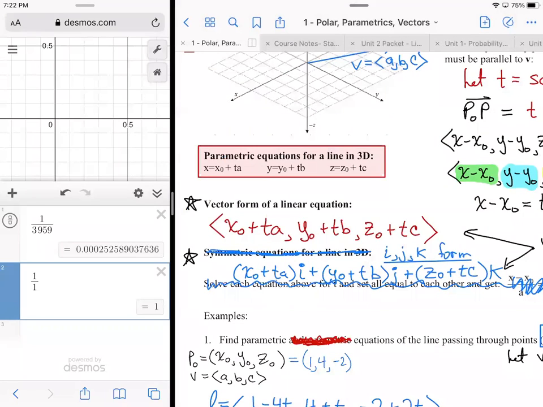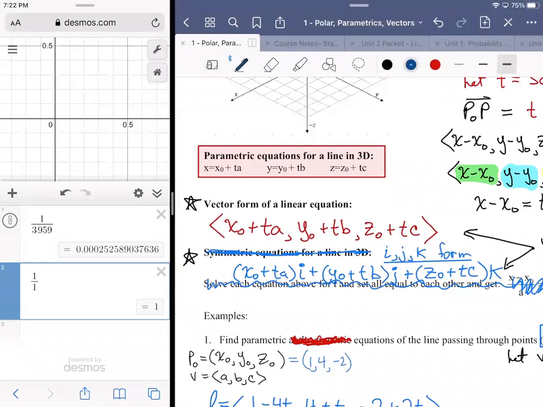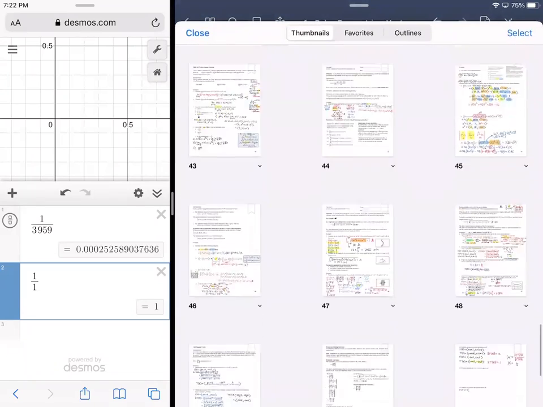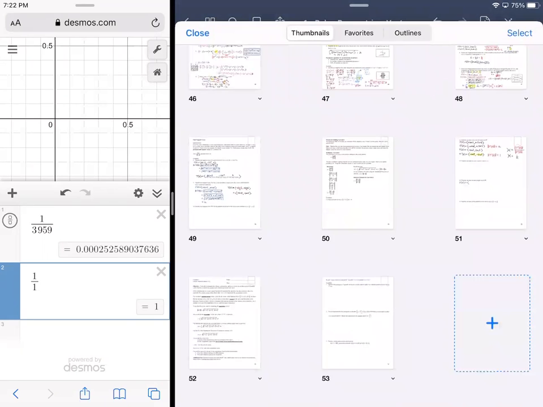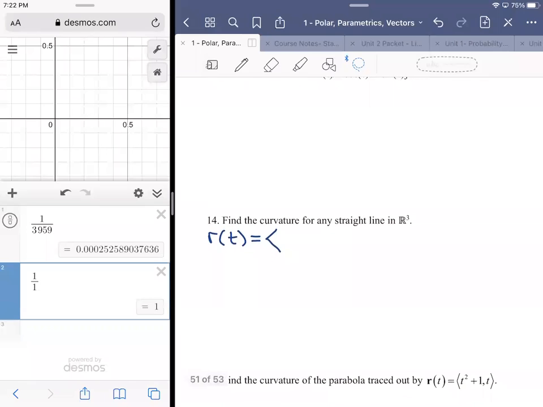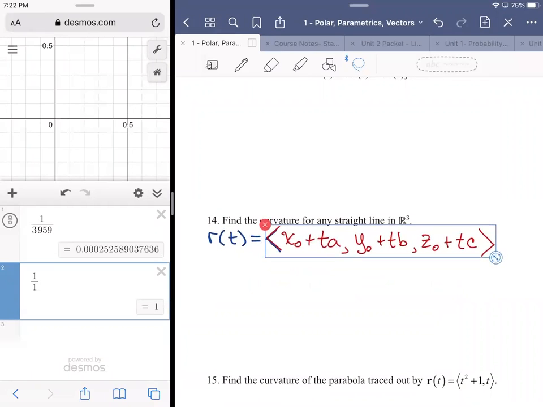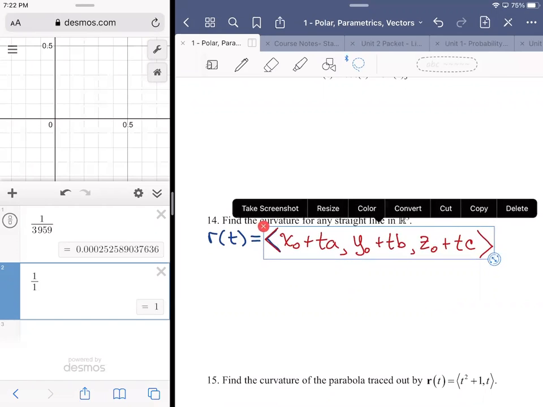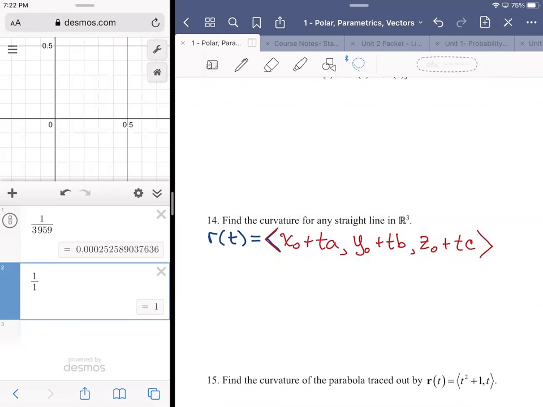And so we already have a way of representing this: x sub 0, t, a, b, and c, y sub 0, z sub 0, etc. So I could just do a copy paste job here because these are vector valued functions. But the interesting thing was we were working with vector valued functions before I even uttered the term for the first time. So that would be a straight line in R3.